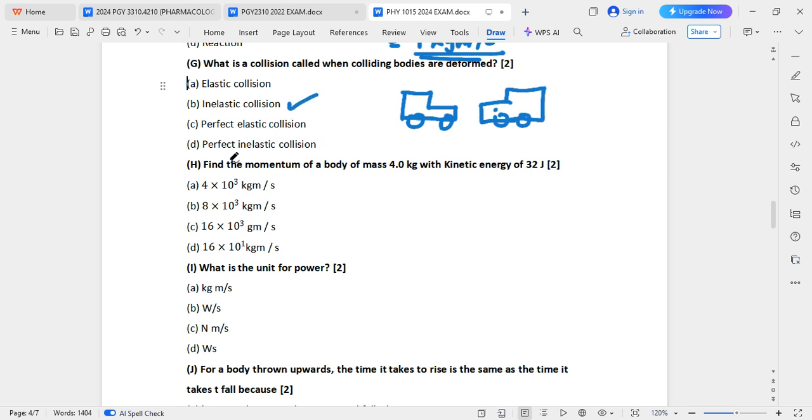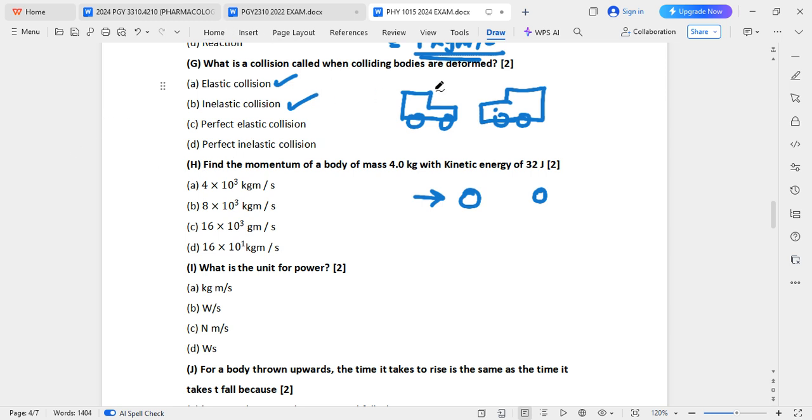You also have a perfectly inelastic collision, where the objects that hit each other stick and then end up moving together after collision. Elastic collision, there is no sticking, there is no deformation. Let's say for example you hit one ball and then it hits another ball and then they end up moving like that.